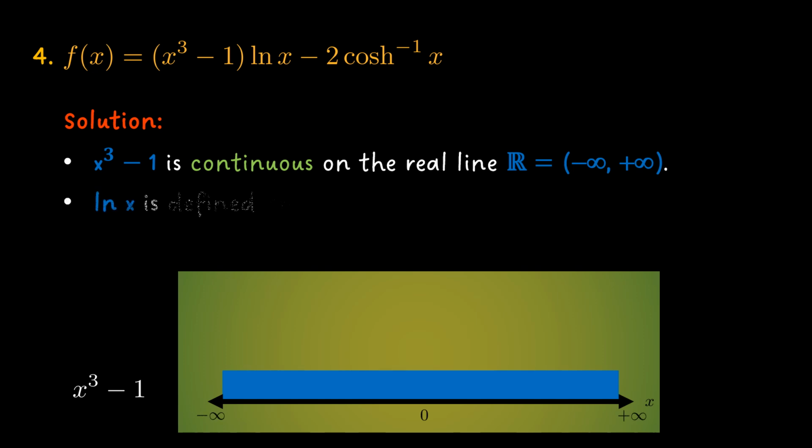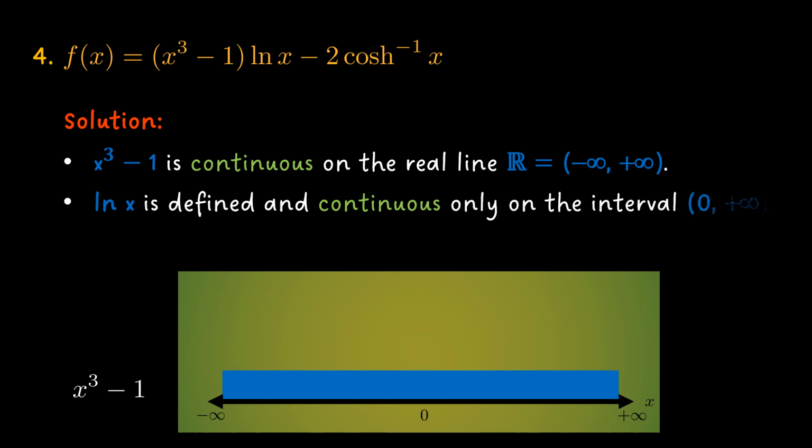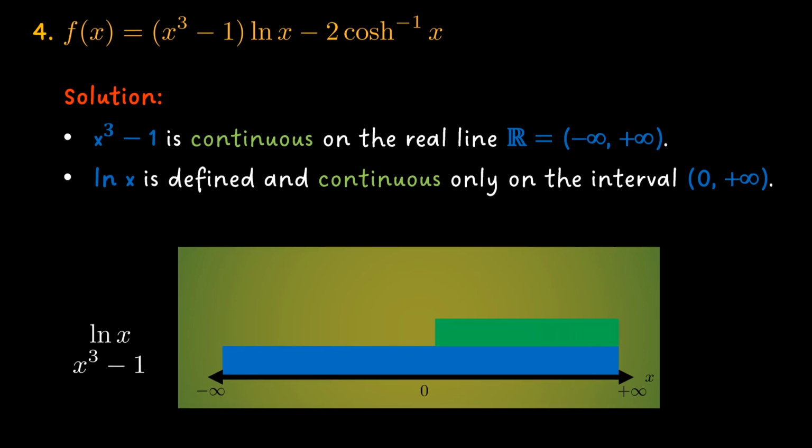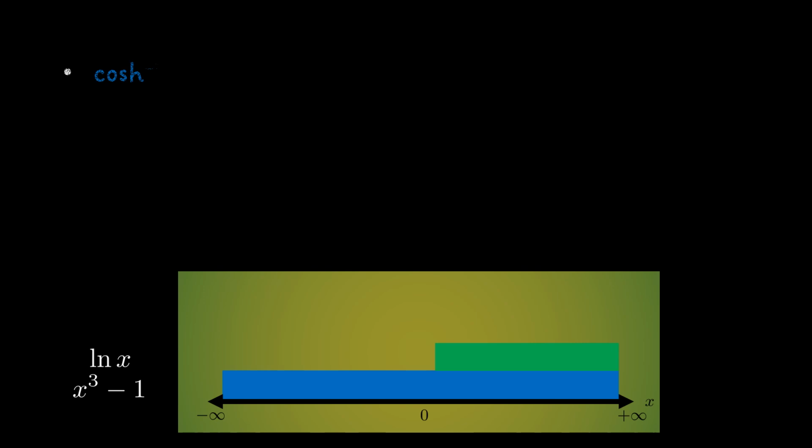Natural logarithm of x is defined and continuous only on the interval from 0 to positive infinity, excluding 0. Inverse hyperbolic cosine of x is continuous on the interval [1, positive infinity).